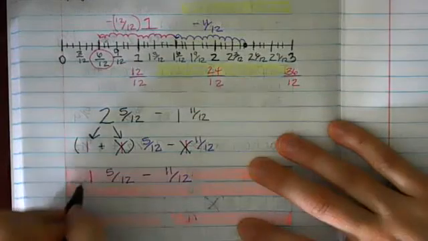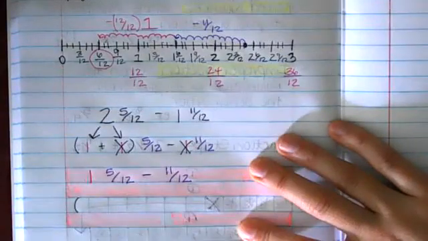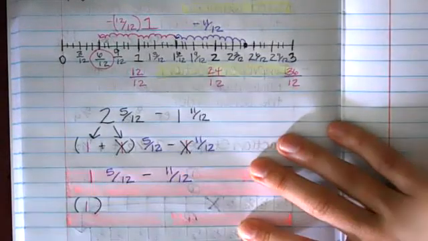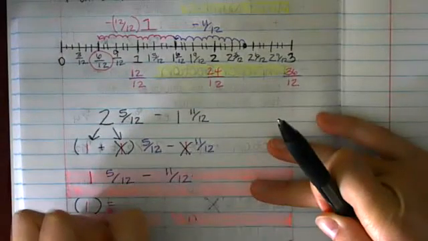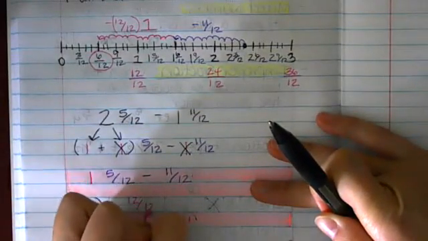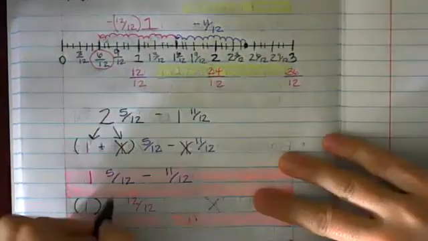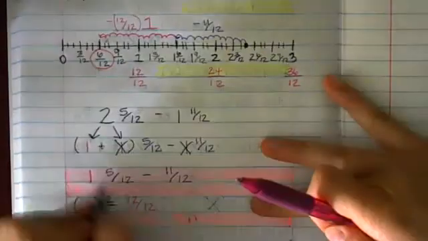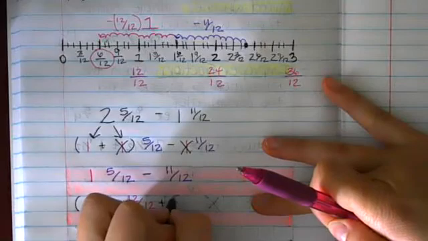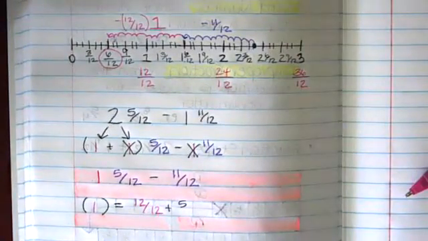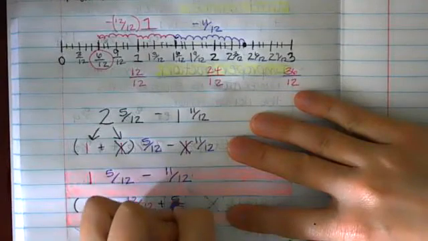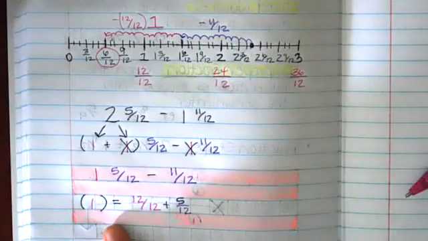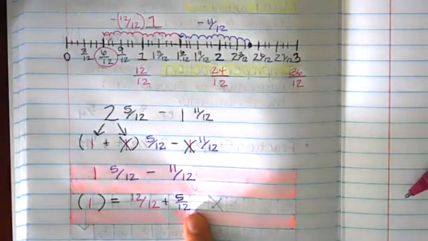I'm going to break apart this 1 that I have right here and make it into 12/12, because it's going to be much easier to subtract if I break this apart. So I have 12/12 plus the 5/12 that I already have here. That is one group, and this equals 17/12.